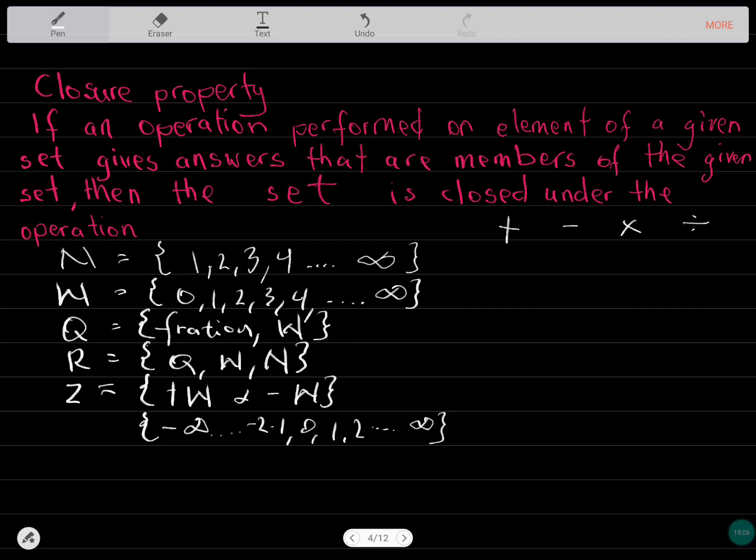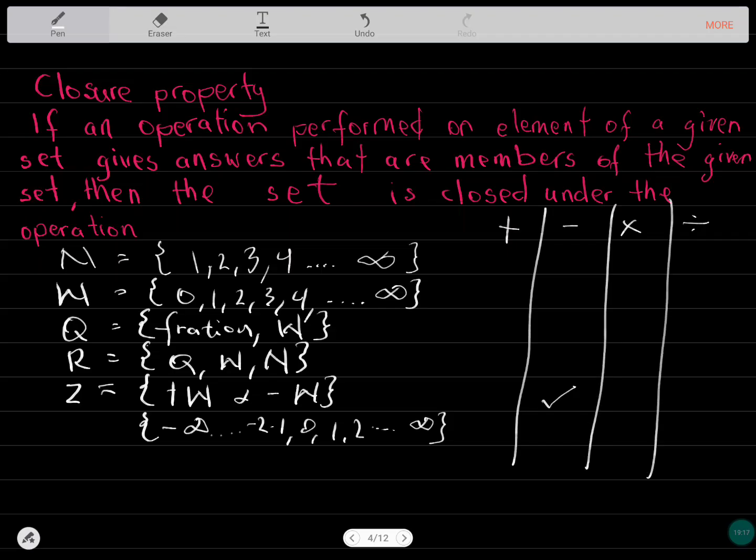So integers first, then rational numbers, and then real numbers. So integers, rational numbers, and real numbers are all closed under subtraction.